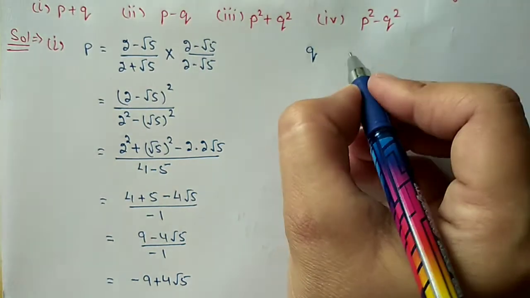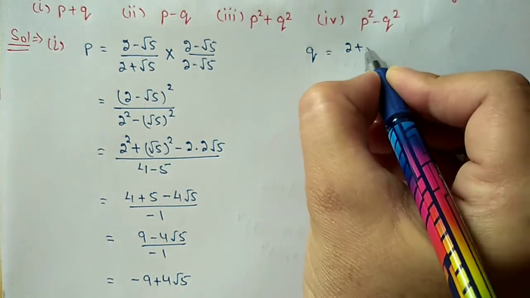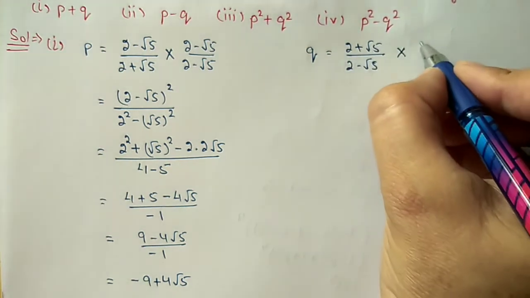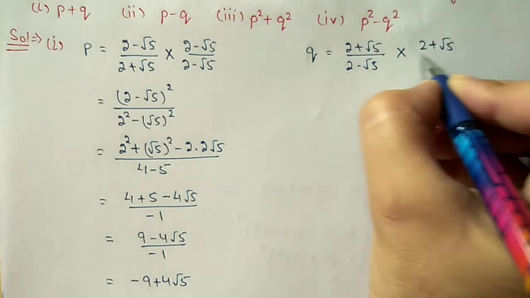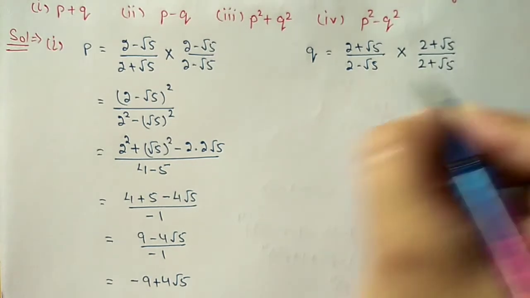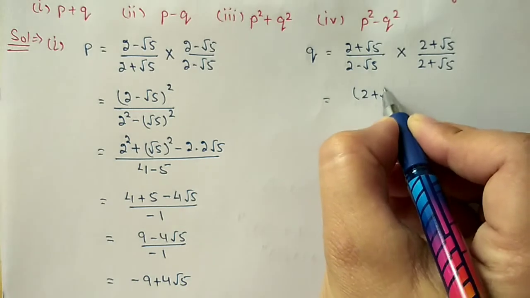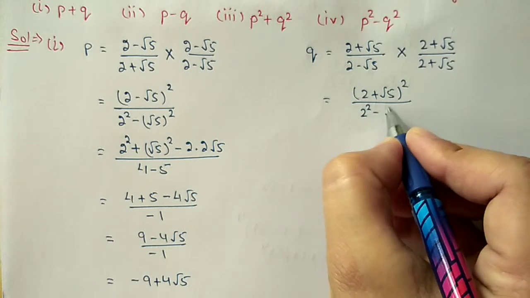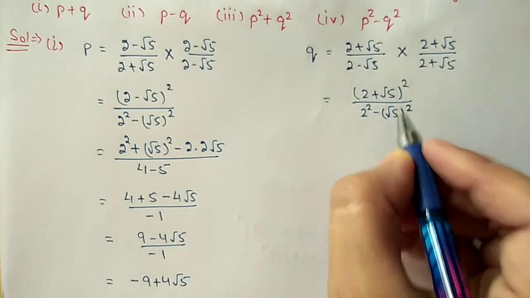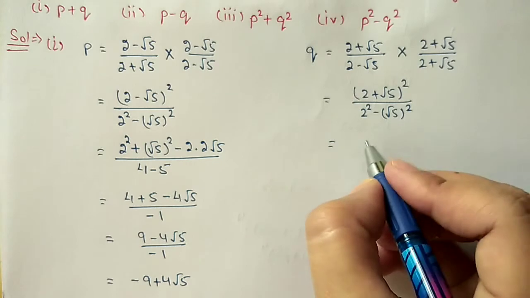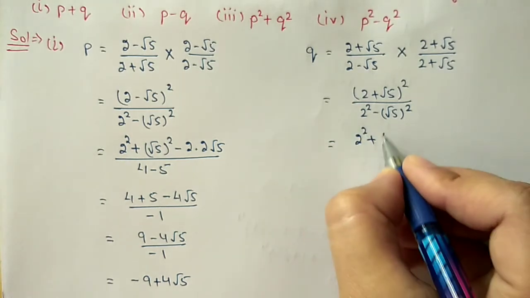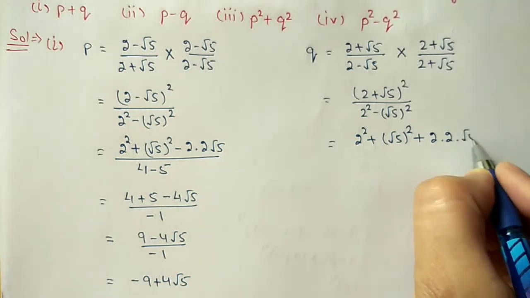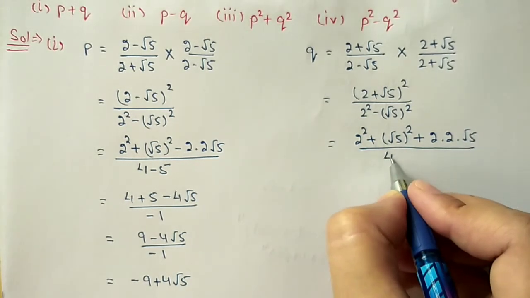Similarly, we have to find out q also. Q is 2 plus root 5 divided by 2 minus root 5. So first we will rationalize it. We will multiply with 2 plus root 5 up and down. Then 2 plus root 5 whole square, and in the denominator we will get the same, 2 square minus root 5 whole square. This we can expand with the help of the a plus b whole square formula: a square plus b square plus 2ab, and in the denominator we will get 4 minus 5.